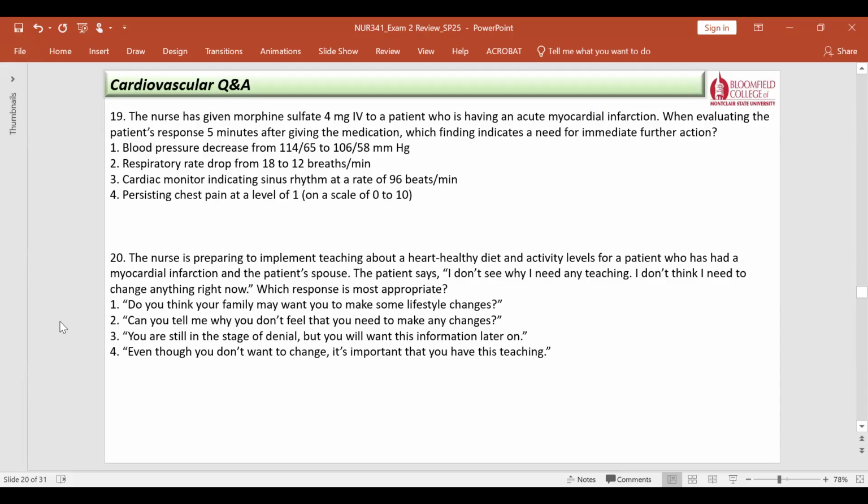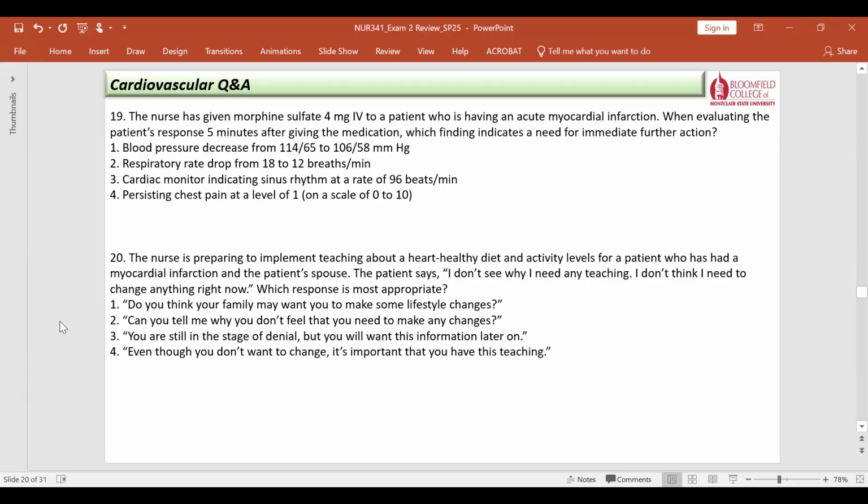Number 20. The nurse is preparing to implement teaching about a heart healthy diet and activity levels for a patient who has had a myocardial infarction and the patient's spouse.